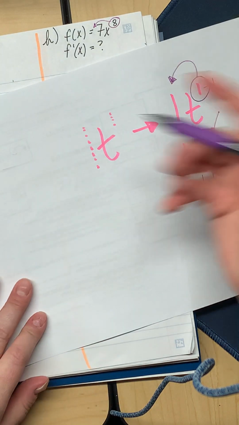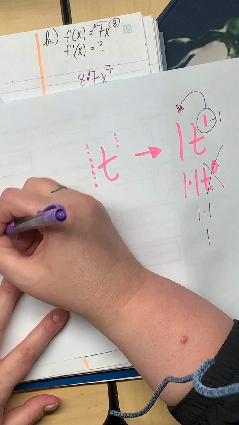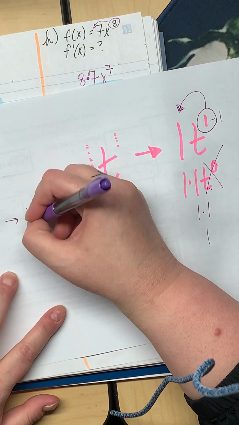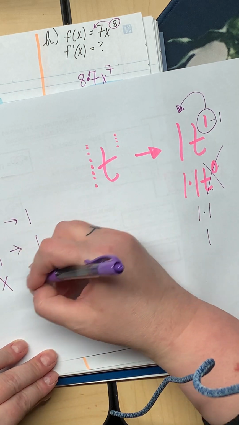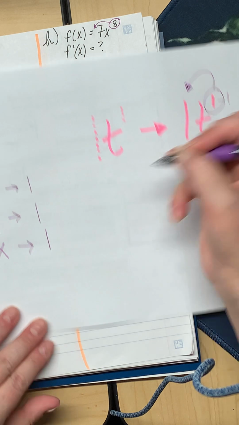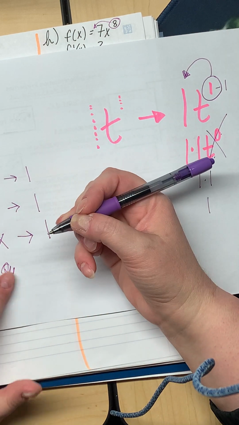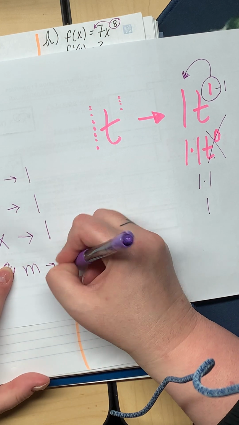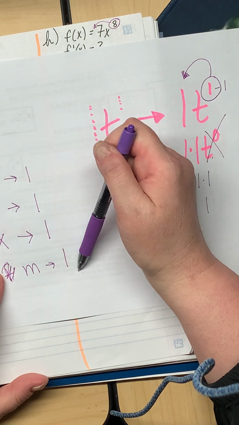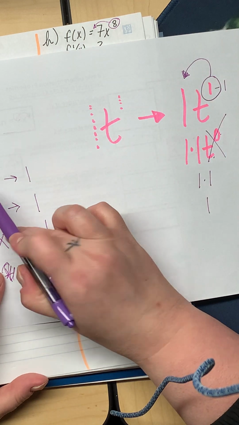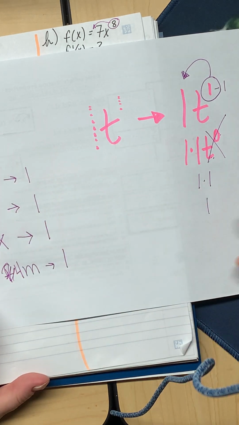So that means no matter what letter you have, if you're just trying to find the derivative of a, it's 1. The derivative of y, it's 1. The derivative of x, it's 1. The derivative of f, no, let's not use that. That's going to be confusing. m, it's 1. So anytime you just have a good old naked letter, it's just 1. If there were numbers in front of these letters, then that would be different. But we're not ready for that.